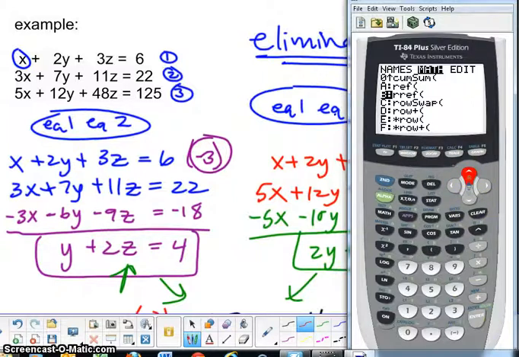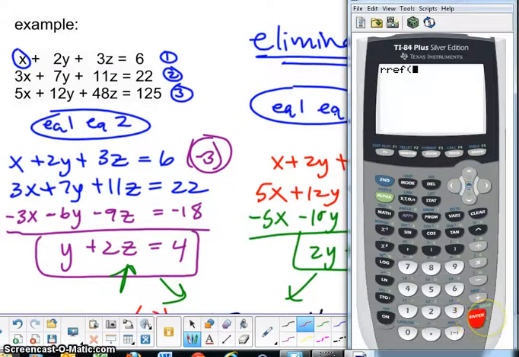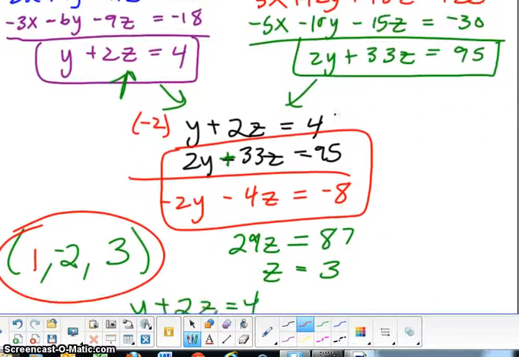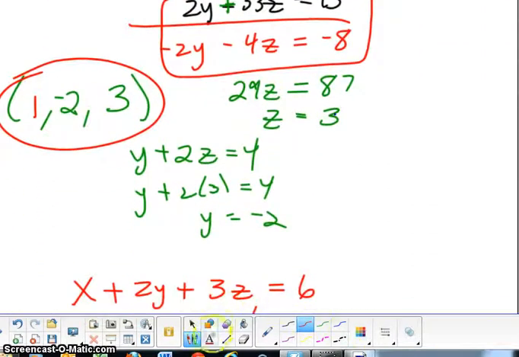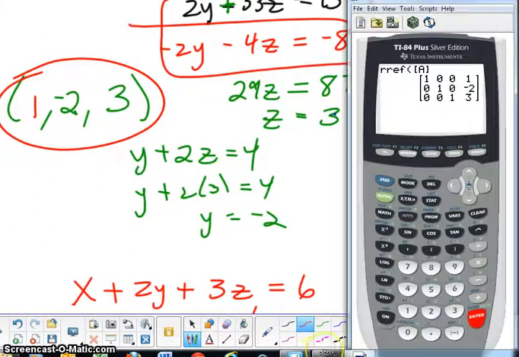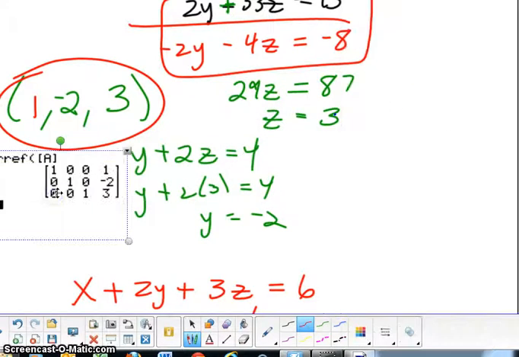So you can see at B, RREF, push enter, and then we're going to go back into matrix and then grab A. So that's what your screen should look like, and then when you push enter, notice your answer. Compare the two of them, and you will see that that last column is a match to our ordered triple.